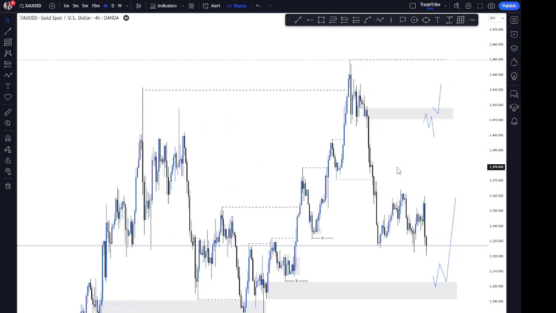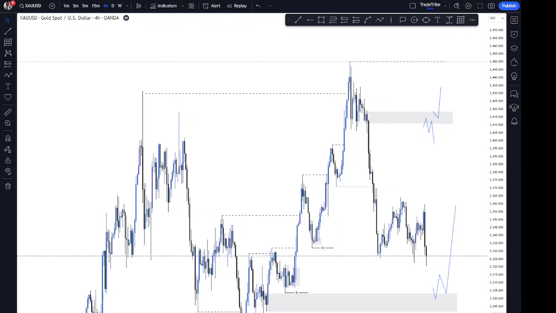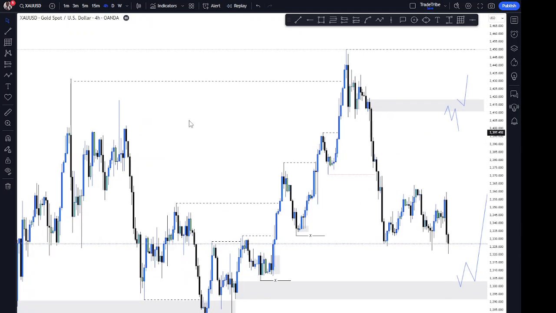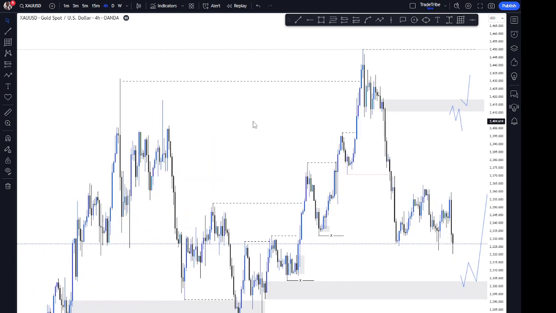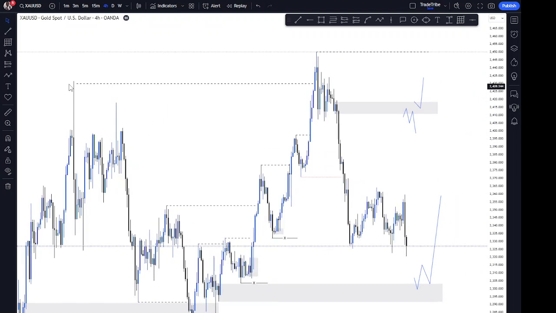Yeah, kwa H4 I decided also to focus on the same zone range, whereby nili decide kuangalia what exactly has been printed on the previous days using the same range too.